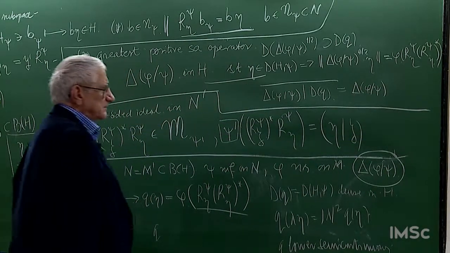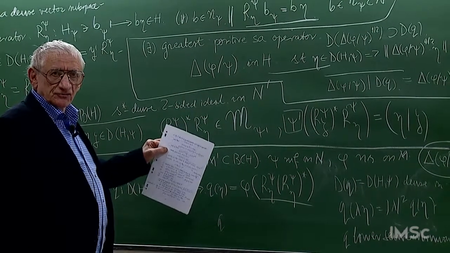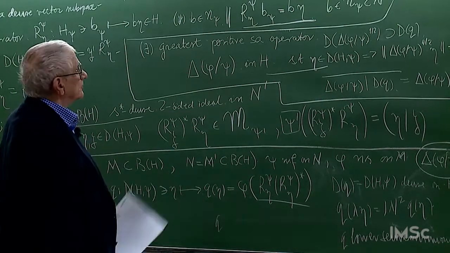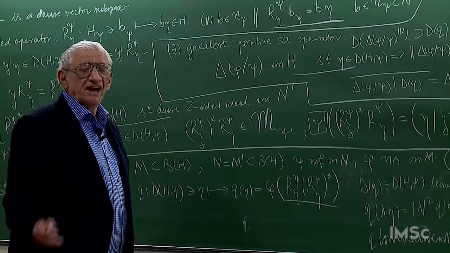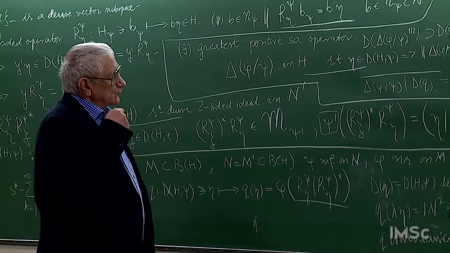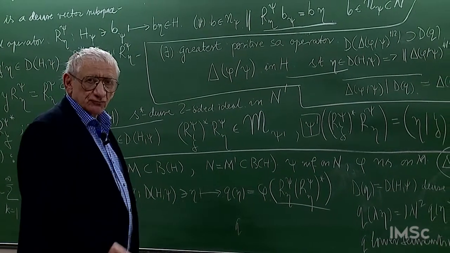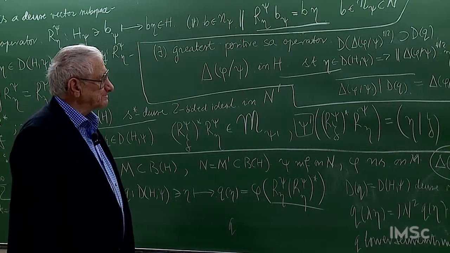So now on the blackboard there is the whole information about how the operator delta phi psi is defined, which is called the Connes spatial derivative of phi, a normal semi-finite weight on M, with respect to psi, which is a normal semi-finite weight on the commutant.